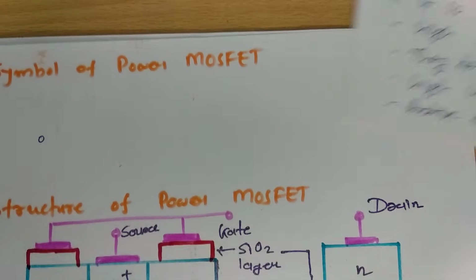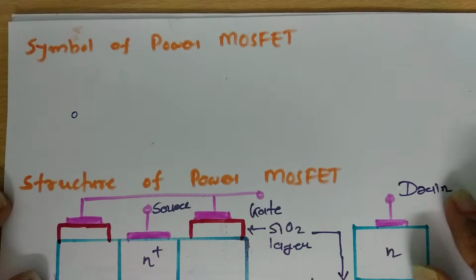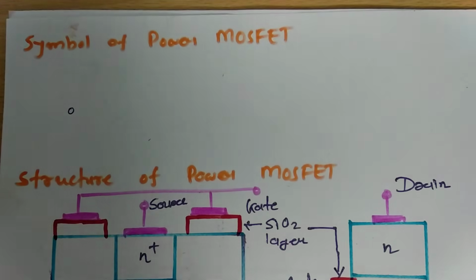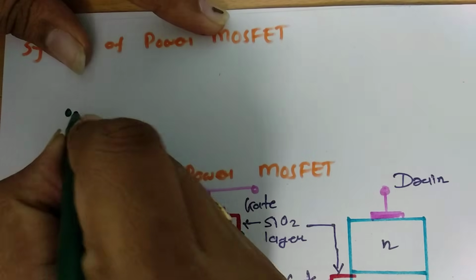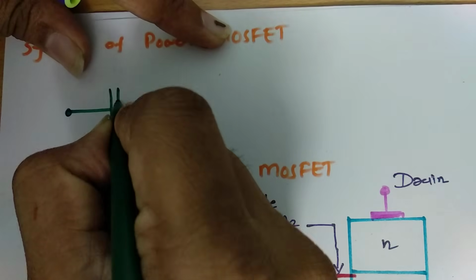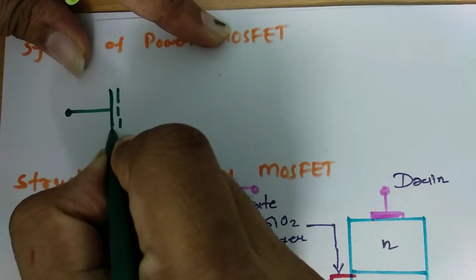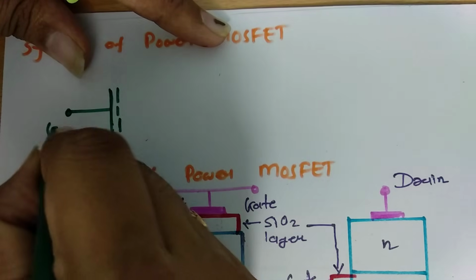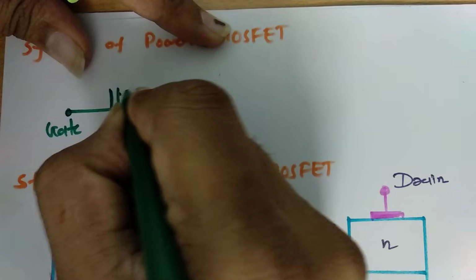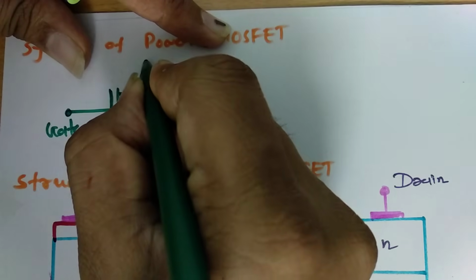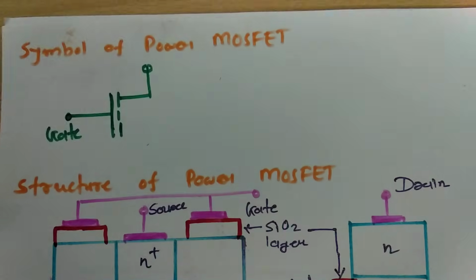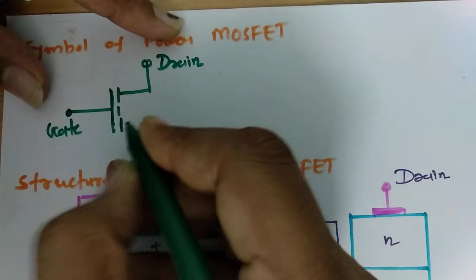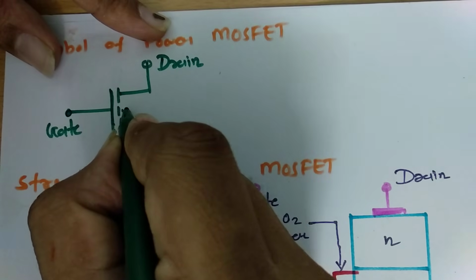Now let us move on to the next point, which is the symbol of power MOSFET. It is a 3-terminal device. This is gate, this is drain, and this is source.